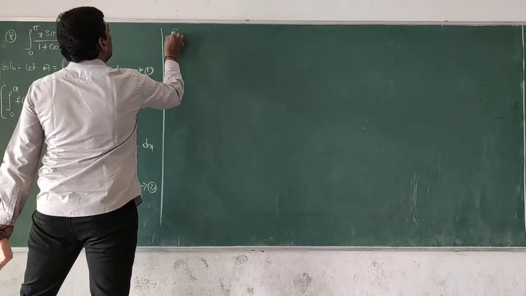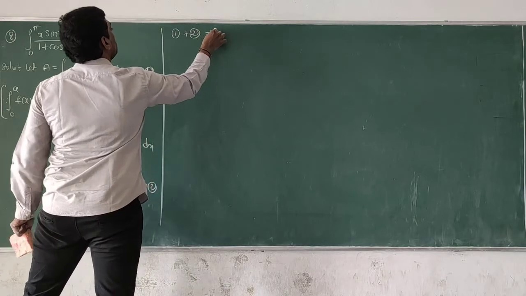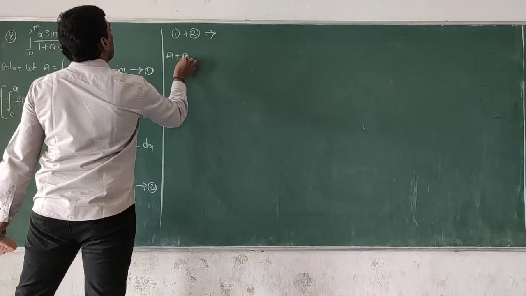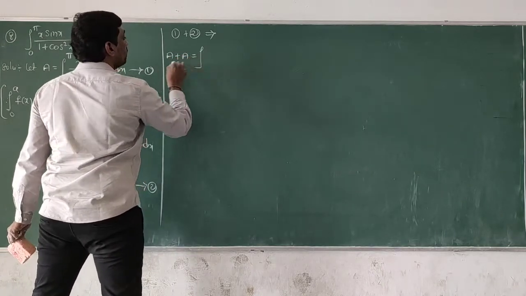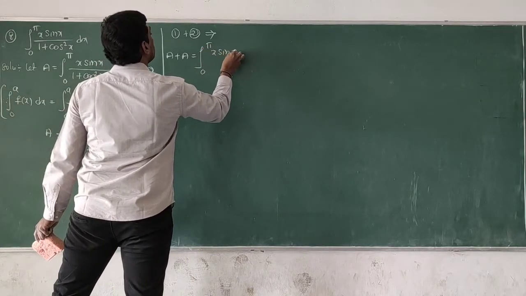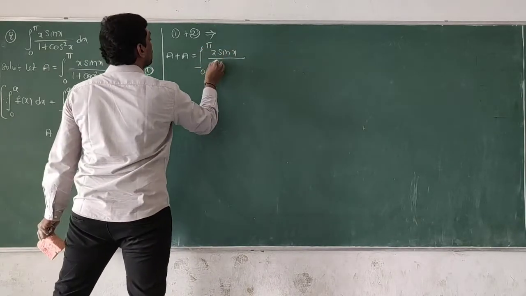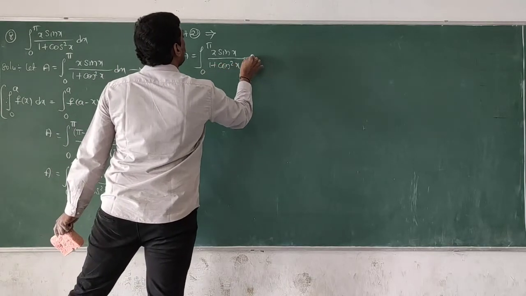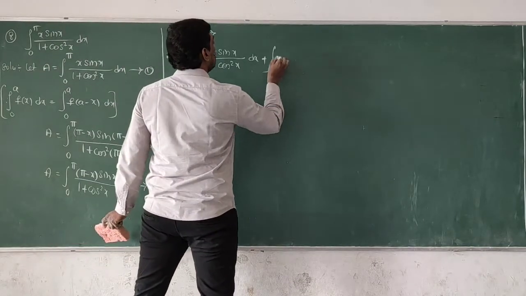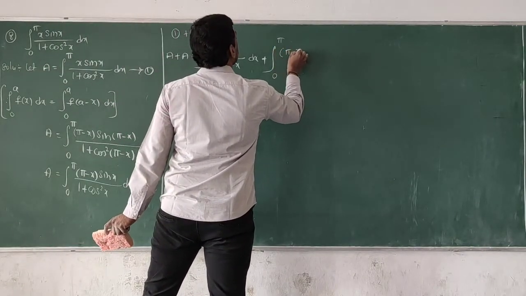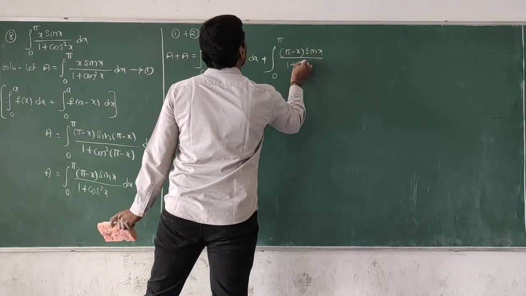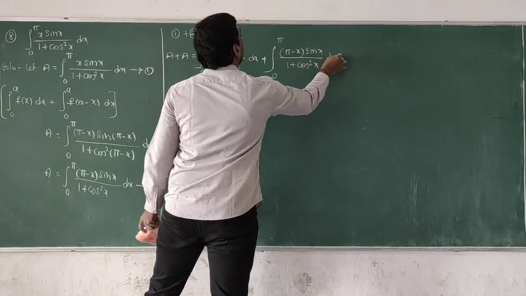Okay. Now to get the solution, do 1 plus 2: LHS to LHS, RHS to RHS. LHS is A plus A equal to integration 0 to pi x sin x by 1 plus cos square x dx plus integration 0 to pi pi minus x into sin x by 1 plus cos square x dx.